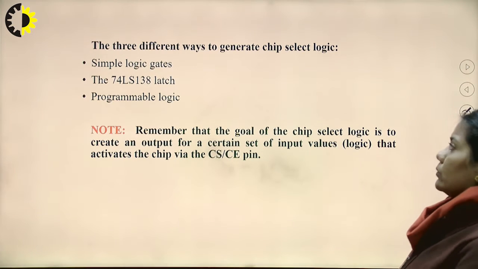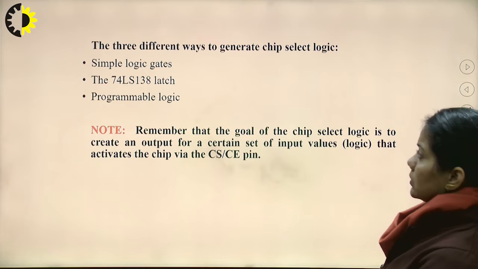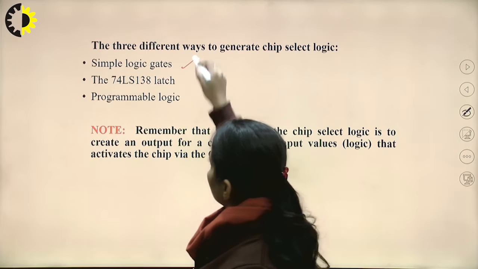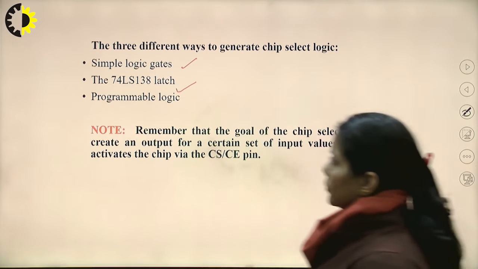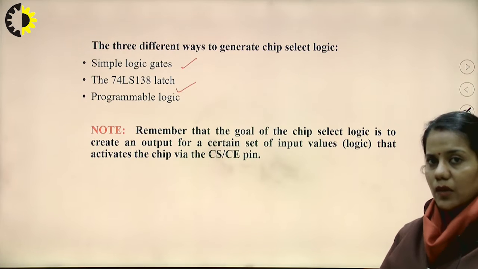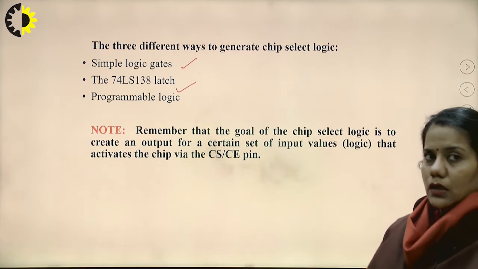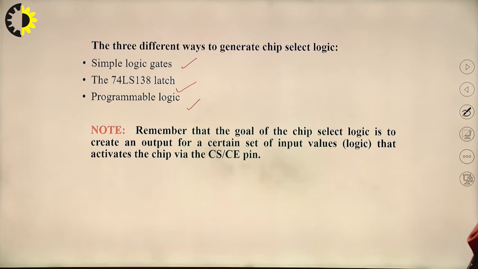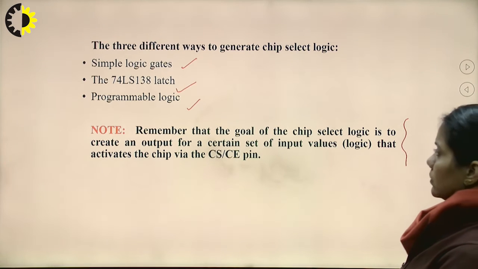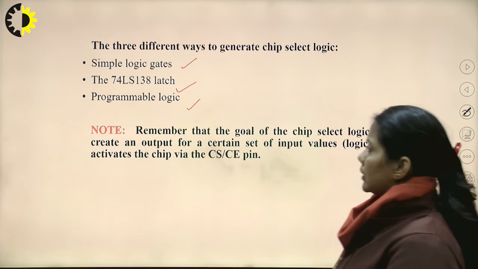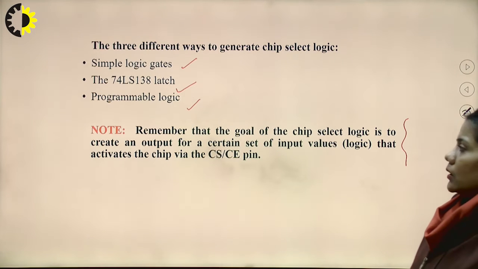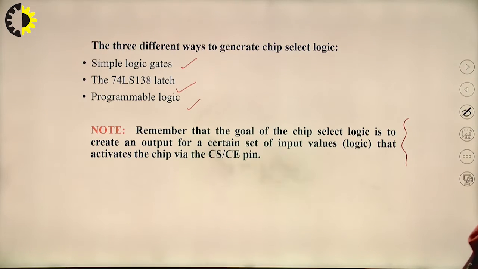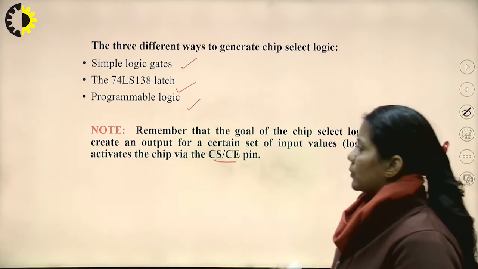In order to define the chip select logic, there are different ways to generate this logic. The first one is the simple logic gate. Next is the 74LS138, that is the chip name of the decoder IC. And the last one is the programmable logic. As a note, we must remember that the goal of the chip select logic is to create an output for a certain set of input values that activates the chip via the chip select or chip enable pin.